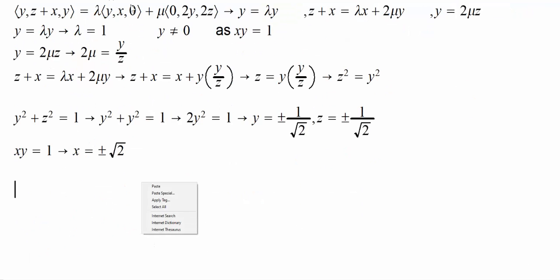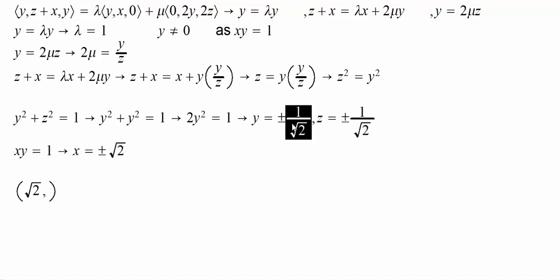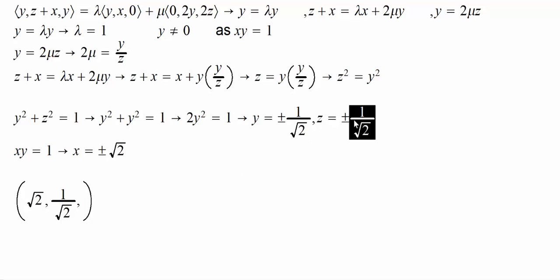So what we have now is a set of 8 points, a square root of 2, right? Then 1 over square root of 2, okay? And again 1 over square root of 2, and we can list them all, and I'm going to list them and bring them back to you.